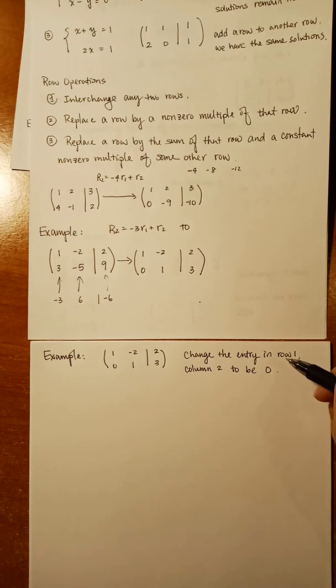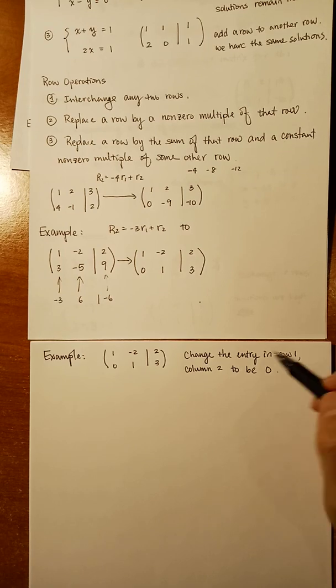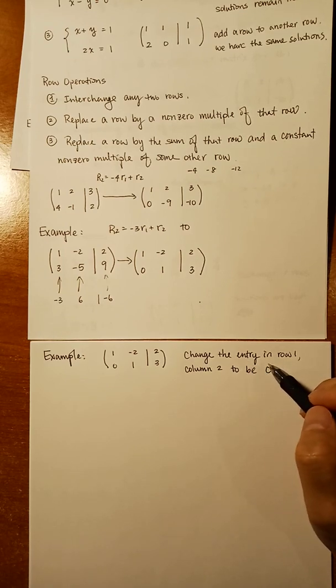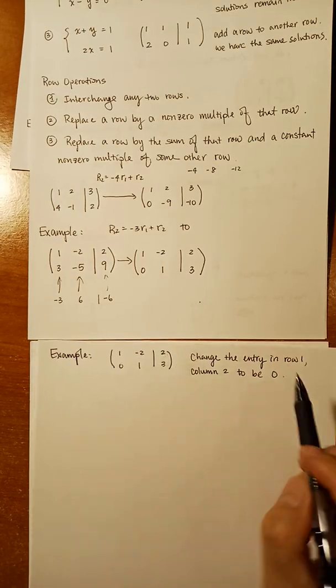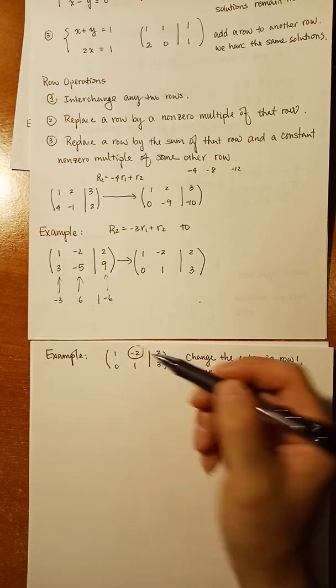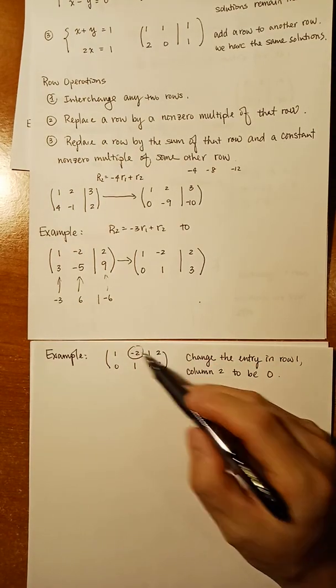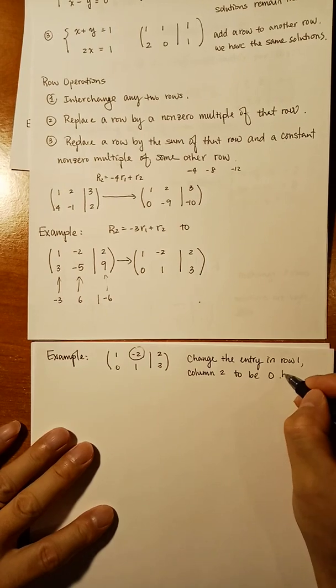First you have to know which entry we are talking about. This is row 1, this is column 2, so we are talking about this number. We want to make this number 0. Of course, we do it by row operation. Remember, we only do it by row operation.